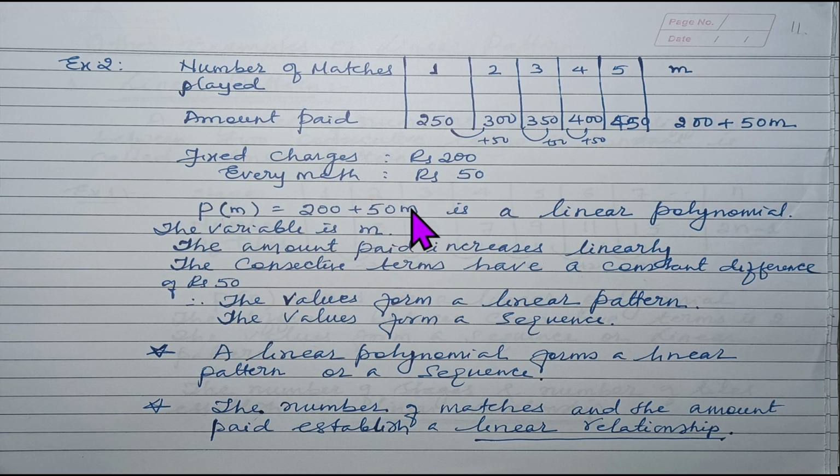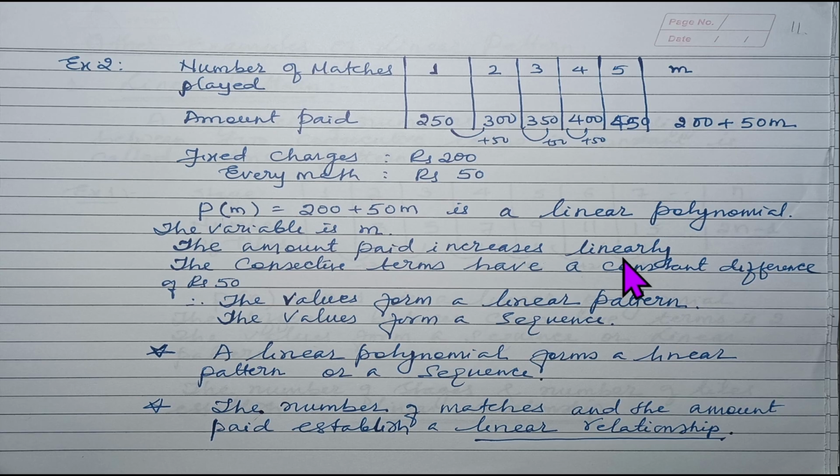Now if the number of matches played is 1, then m is 1. So 50 into 1 is 50, 200 plus 50 is 250. If m is 2, 50 into 2 is 100, 100 plus 200 is 300. If m is 3, then it is 150 plus 200, 350. If m is 4, and so on, we can find out all the amount paid for any number of matches, and that is what the linear polynomial framed here does.